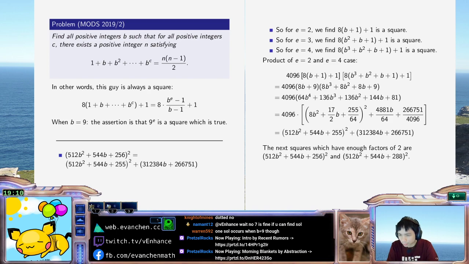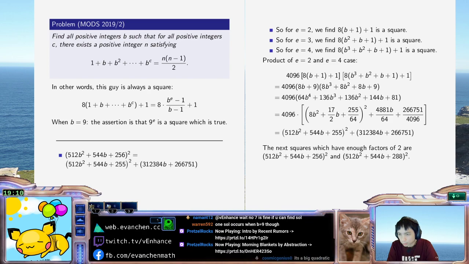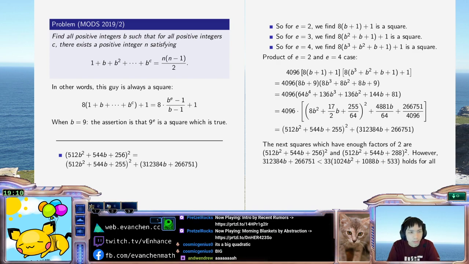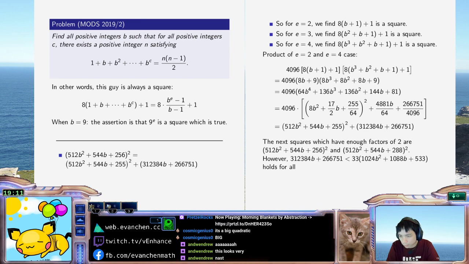Like, this is how difference of squares works, right? 33 times 1024b squared plus 1088b plus 533 holds for all b quite... Yeah, you don't need b very large for this to be true. You just need b... 30,000. So holds for all b greater than like 30 or so.